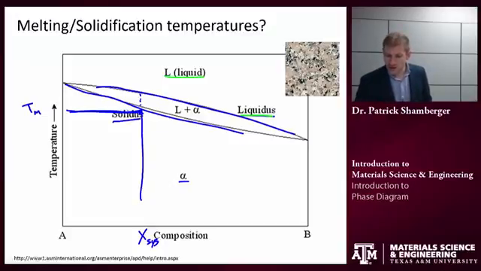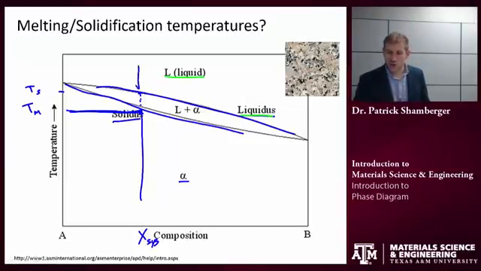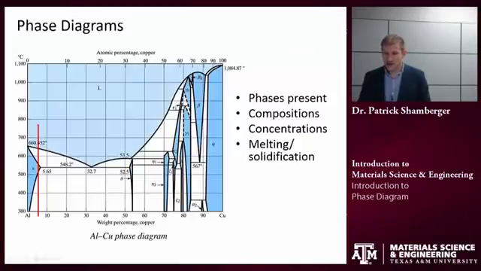It will continue melting over a range of temperature, and when it intersects the liquidus, it is entirely molten, so it's entirely liquid. The other way to think about that is when you're cooling down. If I start off with a pure liquid, a material will start to crystallize or start to solidify when it hits the liquidus. So that's the definition of the liquidus and the solidus.